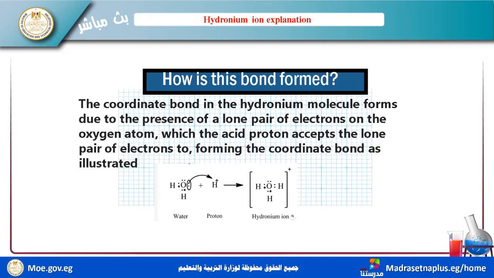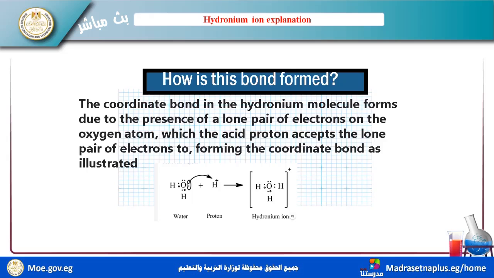When the metal reacts, it loses 1, 2, or 3 electrons to reach the stable form of any inert gas like argon, neon, or helium. Now, here is different. We have donating of electrons, not losing of electrons.